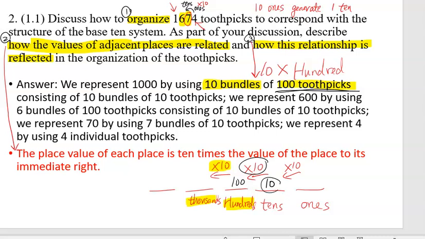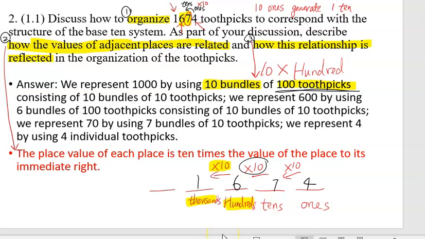Again, in 600 the place value is 100. First of all, we need to reflect the digit 6. Let me put the digit here: we are having 1674. For the hundreds place, we will have 6 bundles, each of them a 100 bundle.